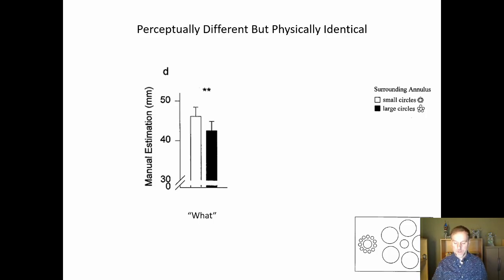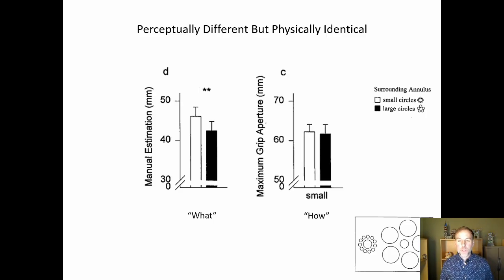Now what about if we ask you to go ahead and pick up that poker chip? The interesting thing is your maximum grip aperture is identical in both conditions. The visual illusion does not fool your grasp.